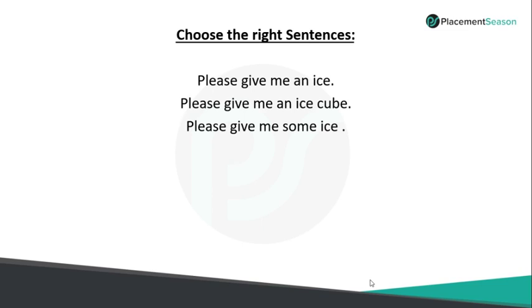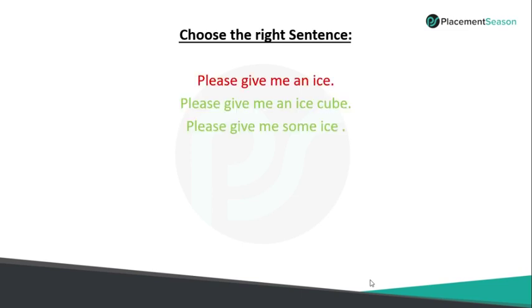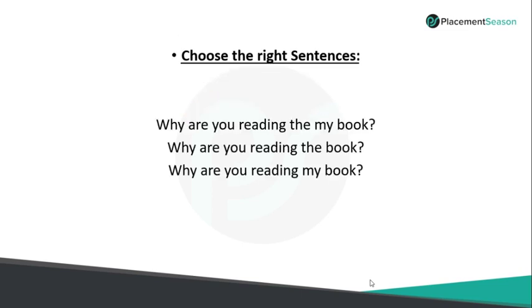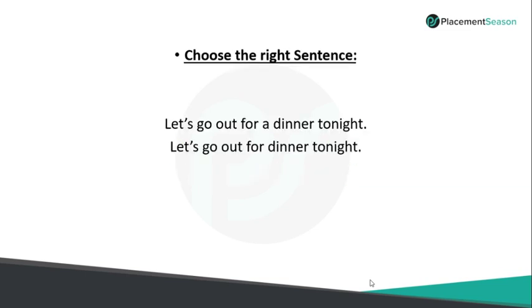Look at the sentences. Ice is an what? An uncountable noun. You can't count ice. So the right answer is here. Next sentence. Next sentence.